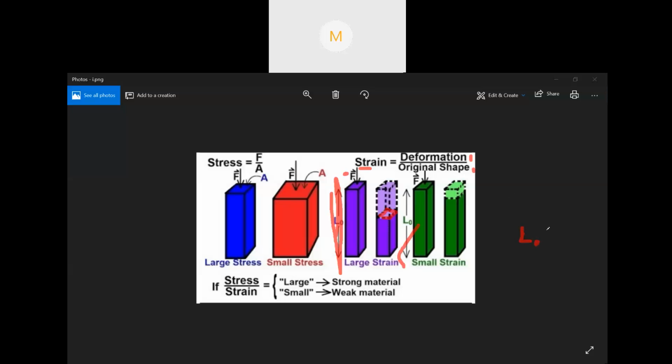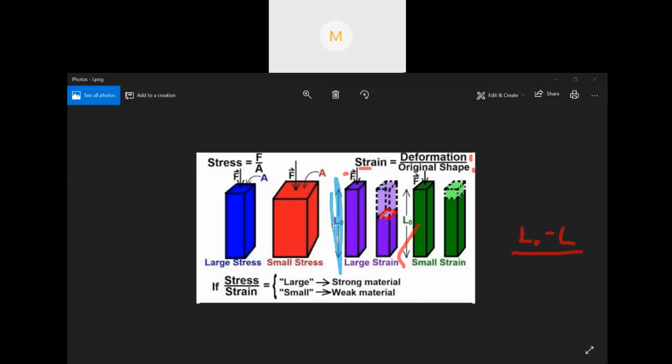Now after reducing, it becomes L. As per the definition of strain, we have to find out the change in length, so it will be L naught minus L. The initial length was L naught.